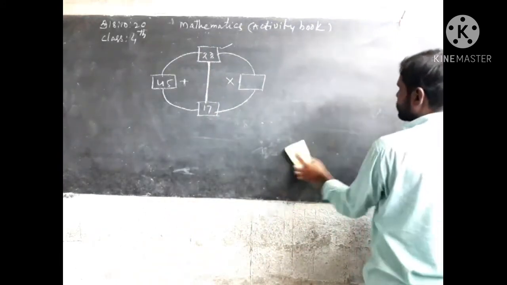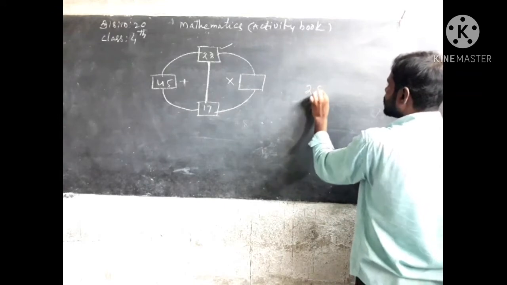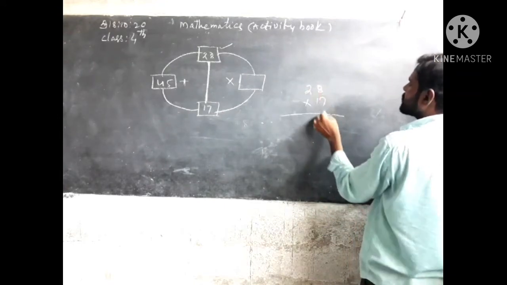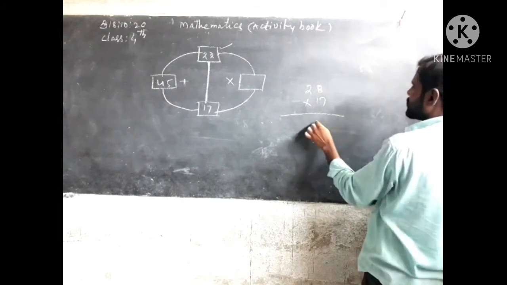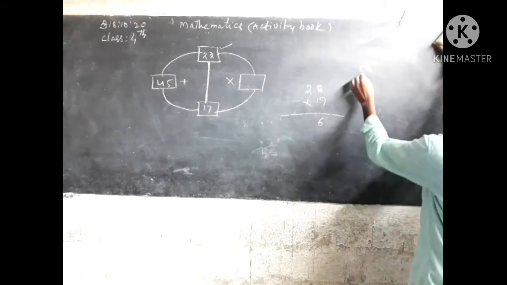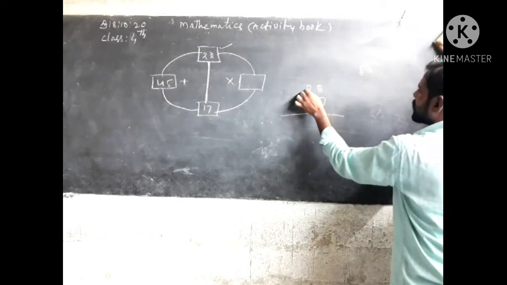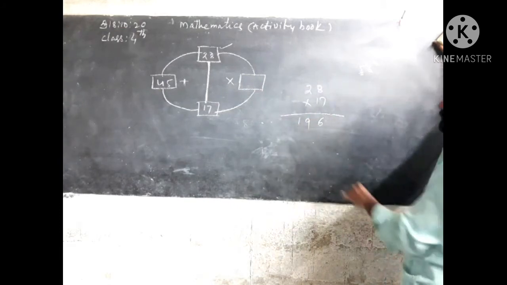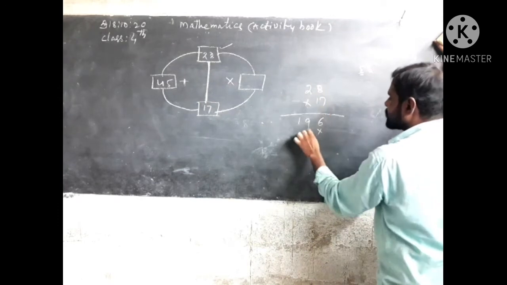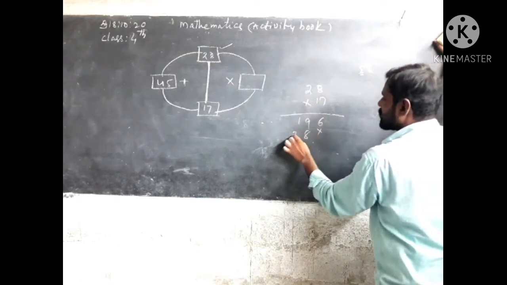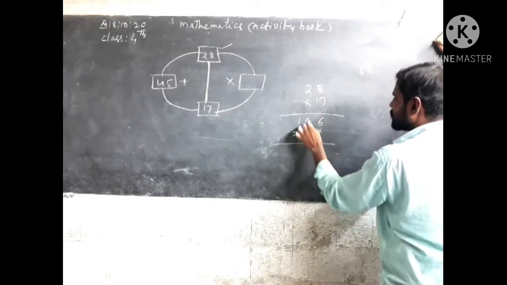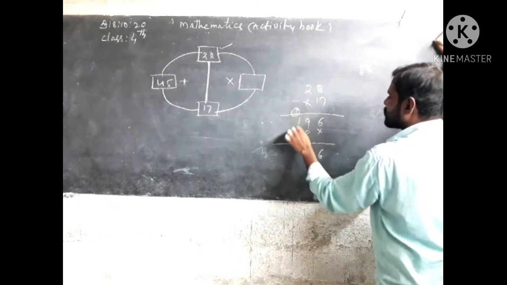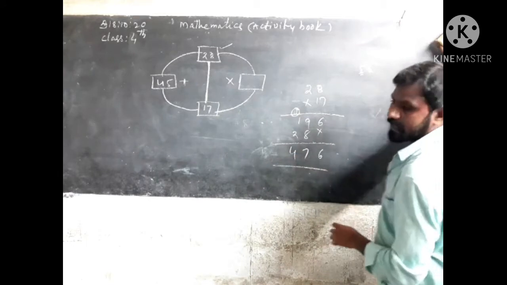See here, 28 into 17. 7 8s are 56, 6 taking, carrying 5. 7 2s are 14, 14 plus 5, 19. 1 space, cut it. 1 8 is 8, 1 2 is 2. Here 6. 9 plus 8 is 17. 7 taking, 1 carrying. 1 plus 2, 3, 1 plus 1, 4. Answer 476.